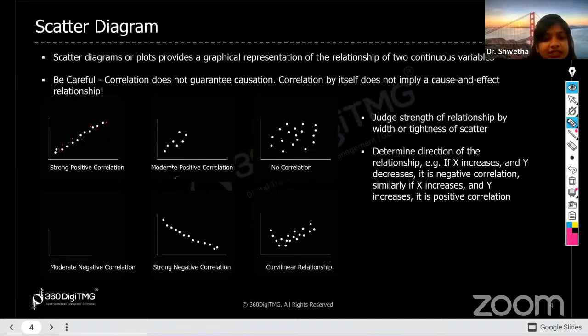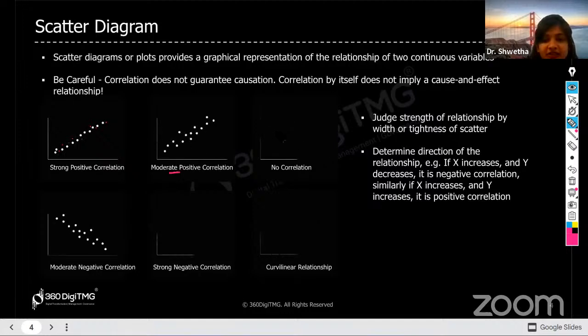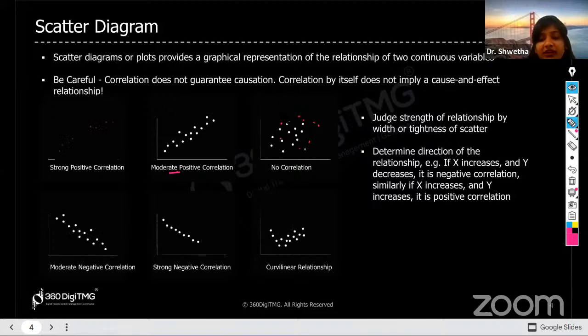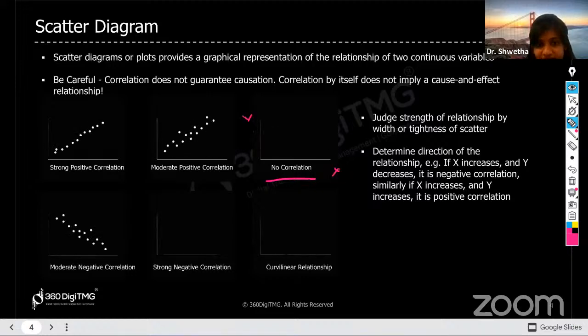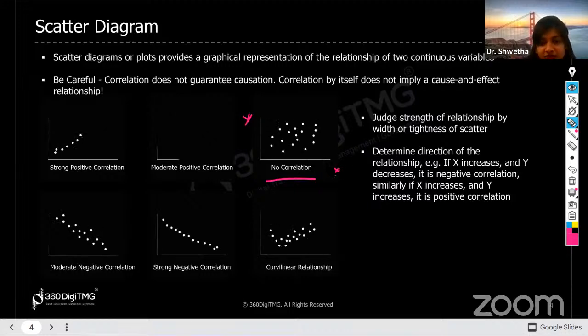If they are scattered a bit, then it is moderate. If all the data points are scattered and you cannot find a relationship, you cannot tell that an increase in this is increasing this, then there is no correlation between the x and the y variable. There's no exact relationship between these. You cannot say that x is increasing due to y or y is decreasing due to x.